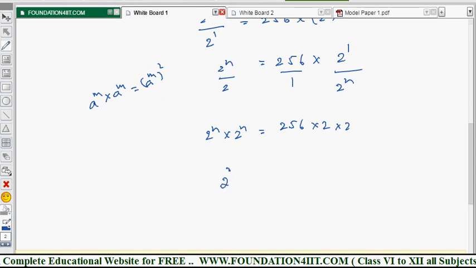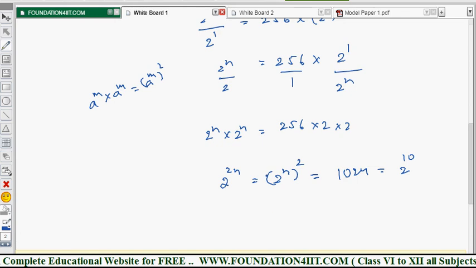So we can write 2 to the power 2n as 2 power n whole square. That is 256 into 2 into 2, so 512, 1024. This we know is 2 to the power 10.